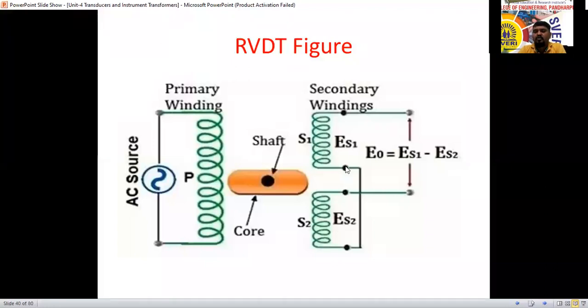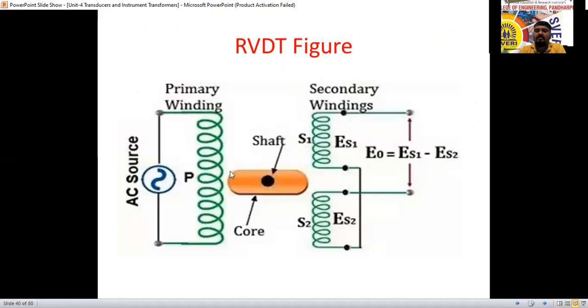Based on this connection, the net output of the secondary is the difference between the EMF induced in S1 and S2. EMF induced in S1 is ES1, EMF induced in S2 is ES2, so the net output is E0 equal to ES1 minus ES2.